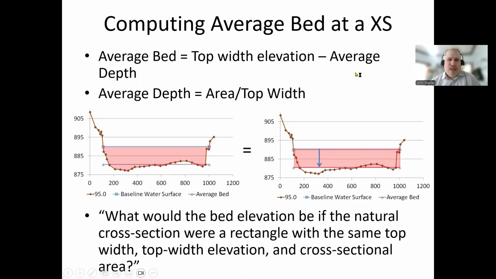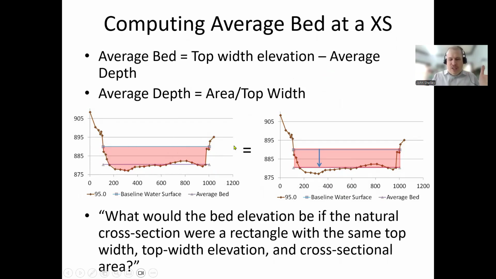You need some sort of average. So the way you compute the average bed elevation is you take the top width elevation, and it's always the average of the channel up to some point. So you have to define how much of the channel. It might be up to bankfull, either your sort of geomorphic bankfull or the true top of banks, or it could be some other part of the channel that you're defining, but you need a top width at that elevation, and then you subtract the average depth, and the average depth is the cross-sectional area divided by the top width.